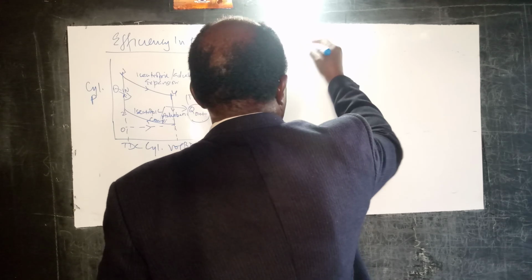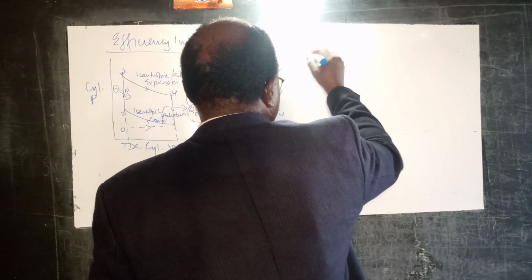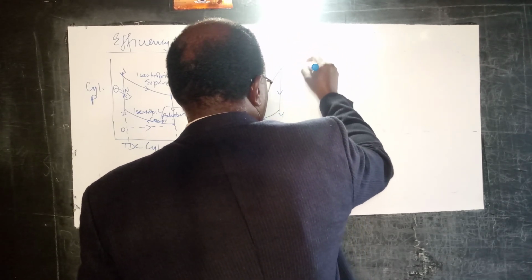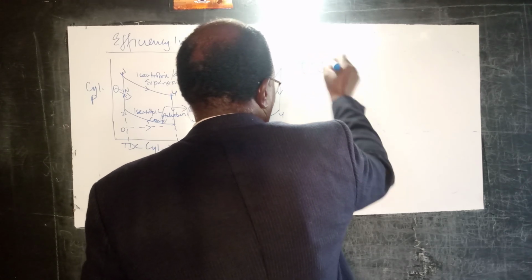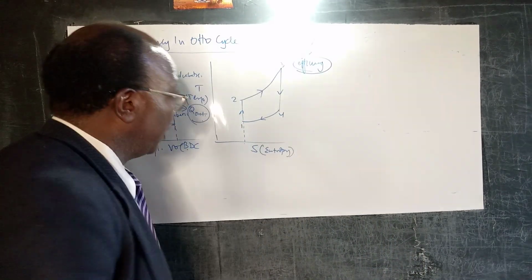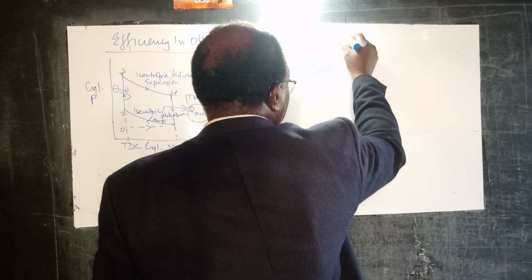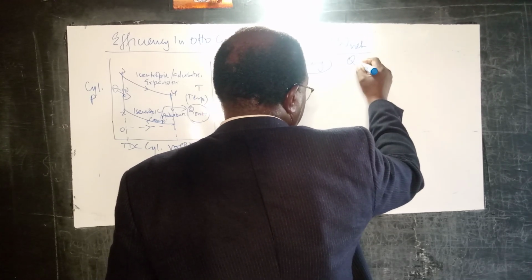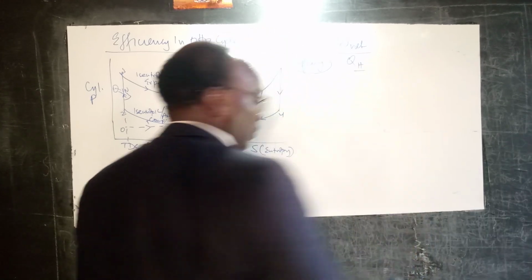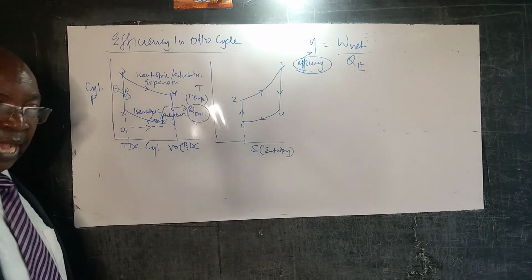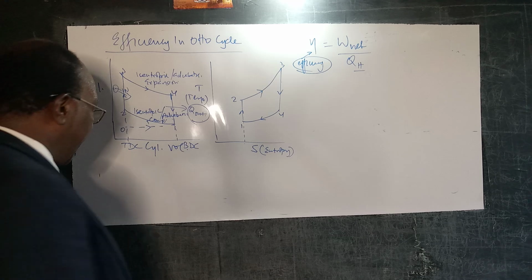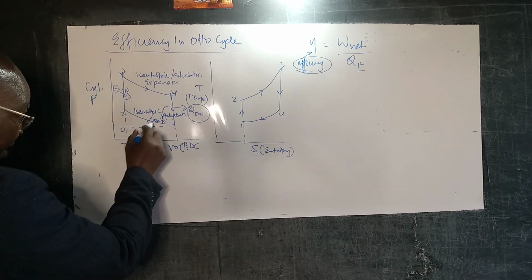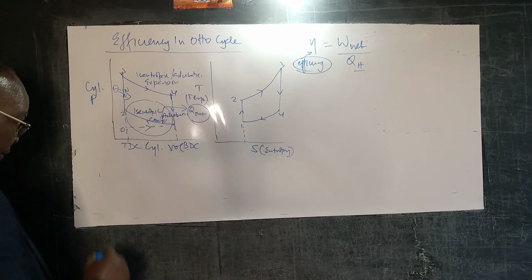Now, what is efficiency? Efficiency, which we call eta, remember, is the net work over the inputted heat. And what is the net work? Remember here, we have isentropic compression.